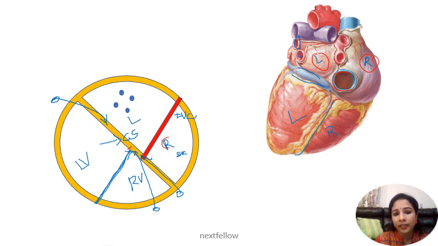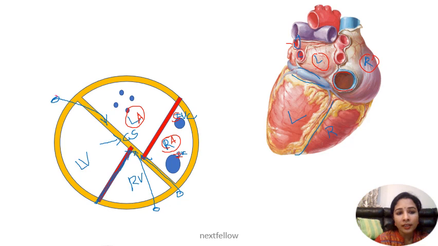This is the right atrium and this is the left atrium. Here are the superior vena cava and inferior vena cava. This is the interatrial septum. And these four are the pulmonary veins. You can see the pulmonary veins here, along with the superior vena cava and the inferior vena cava.